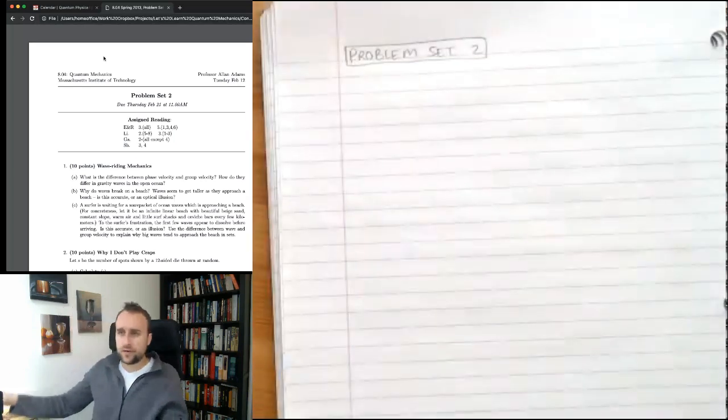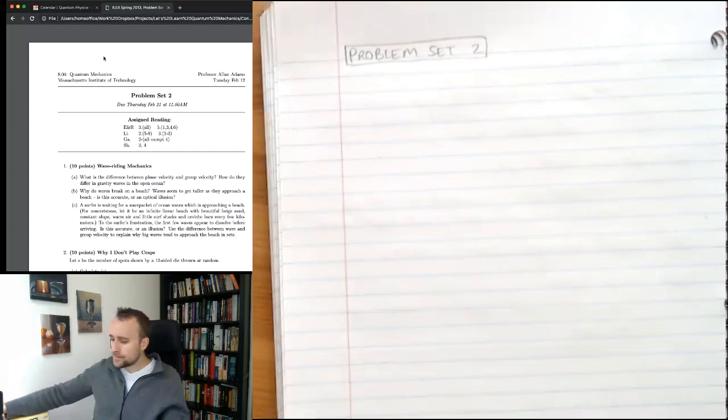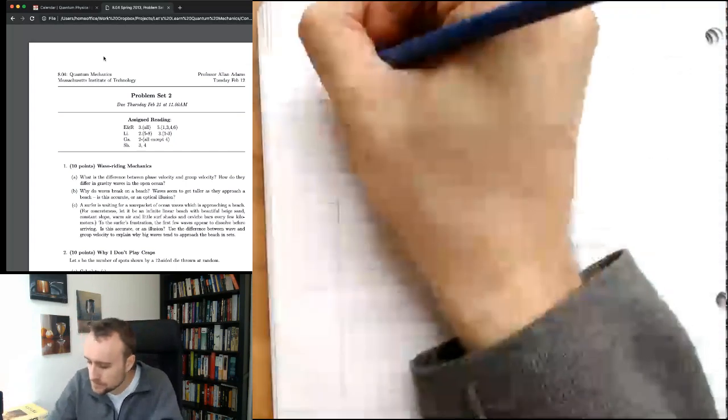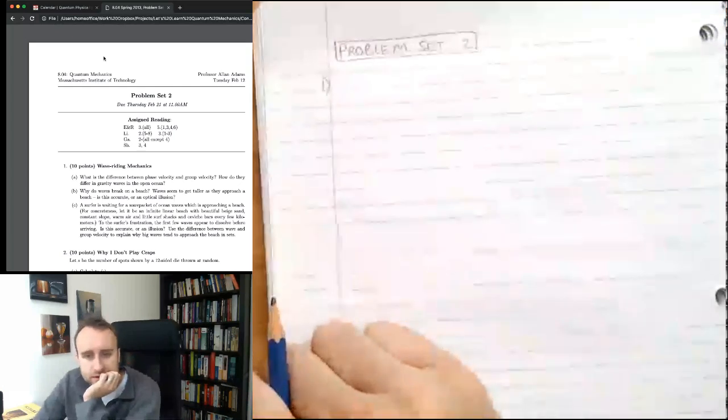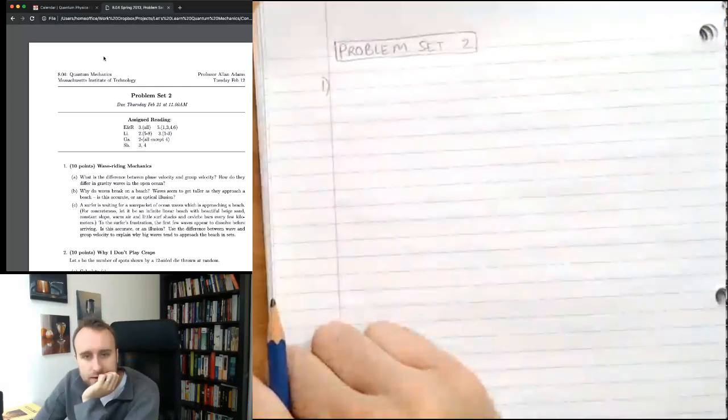We're making progress. All right, question 1. What is the difference between phase velocity and group velocity? How do they differ in gravity waves in the open ocean?